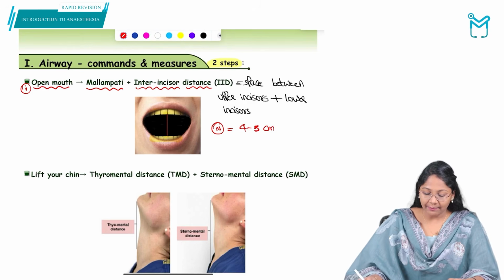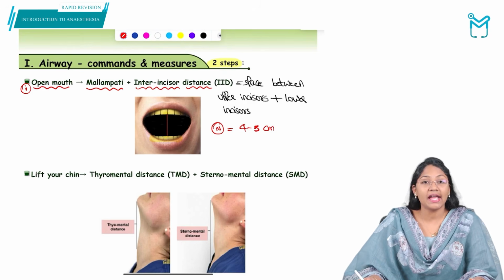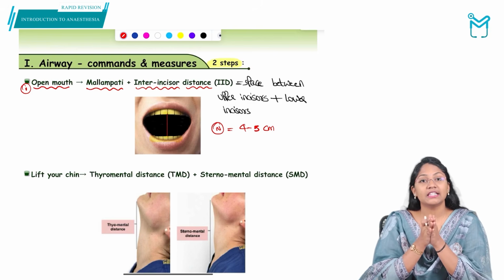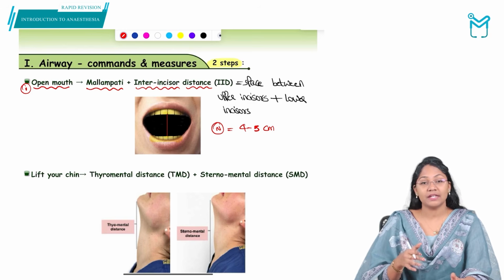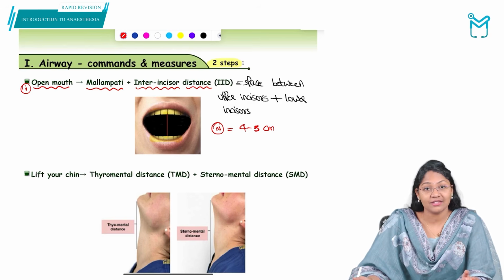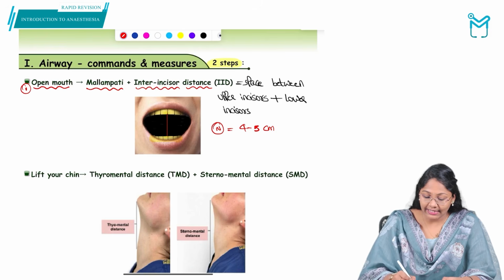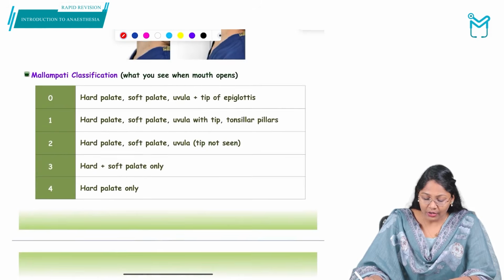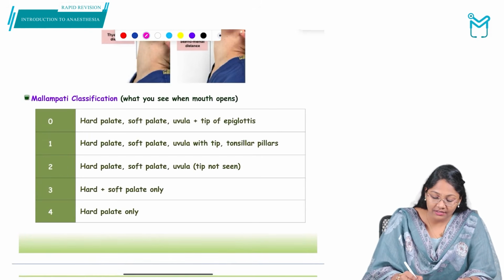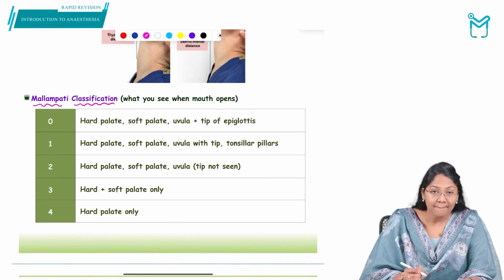Now coming to the Mallampati classification, so why are we doing the airway assessment? The main reason is for the intubation process. We need to check this airway assessment to make our life easy for intubation. So the inter-incisor distance is how much, students? 4 to 5 centimeter. Now coming to the Mallampati classification, we call it this way because the person who introduced this is Mallampati.